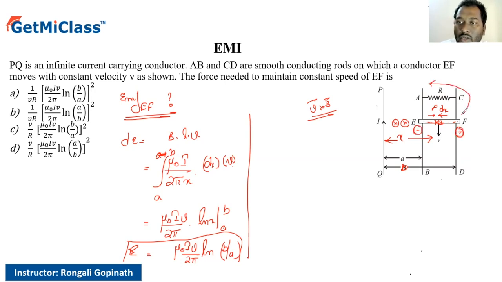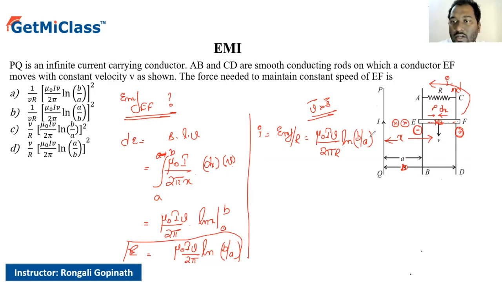So the induced current direction is like this, right? So what is that? I induced is EMF by resistance, which is mu naught IV by 2 pi capital R ln of B by A.